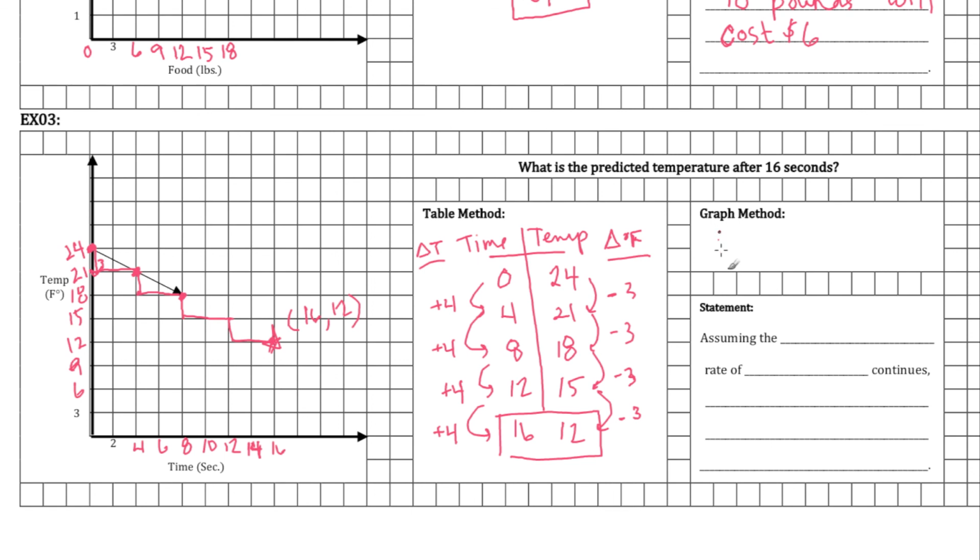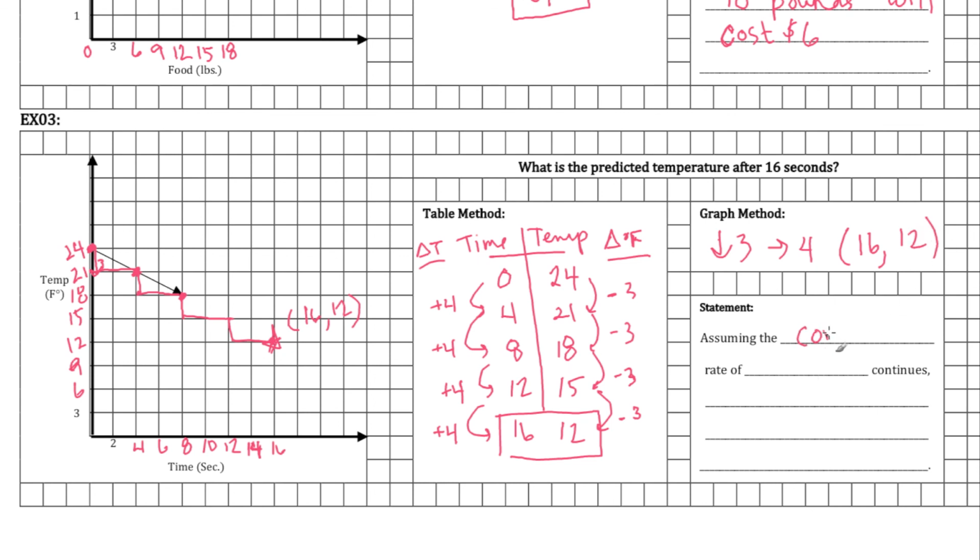I went down one space, but it was worth 3, and right 4. If you notice, this will match here: the down 3 is negative 3, and the right 4 is the plus 4. So after I did all that, I ended up with 16 seconds goes with 12 degrees Fahrenheit.